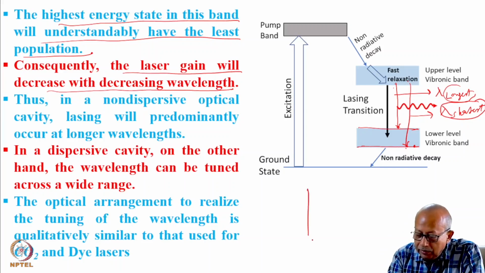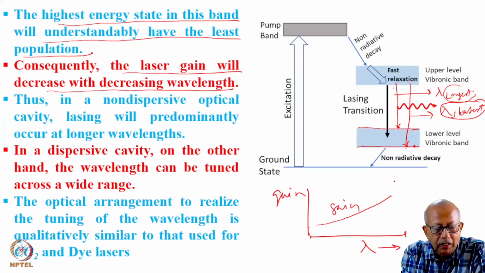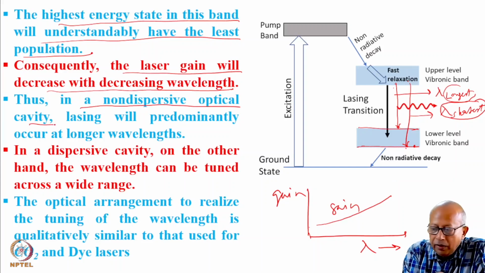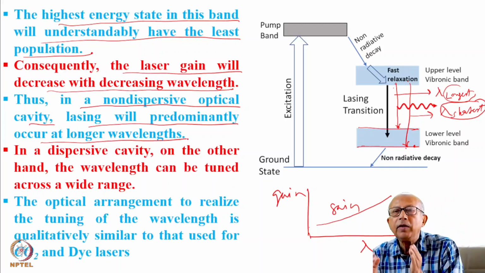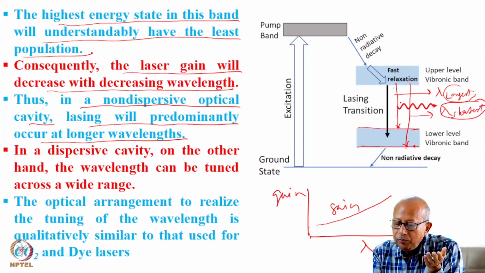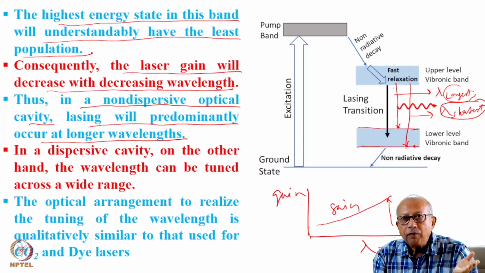So if you plot gain versus wavelength, gain will be minimum for short wavelength and maximum for long wavelength. As lambda increases, the gain increases. Thus, in a non-dispersive optical cavity, lasing will predominantly occur at longer wavelengths. So if there is no dispersive element in the cavity, then lasing will predominantly occur at the wavelength for which gain is maximum. Absolutely fine.